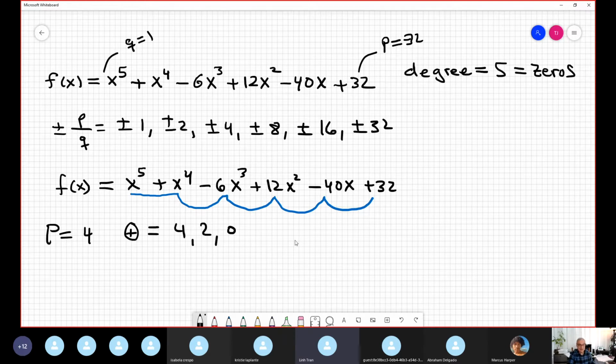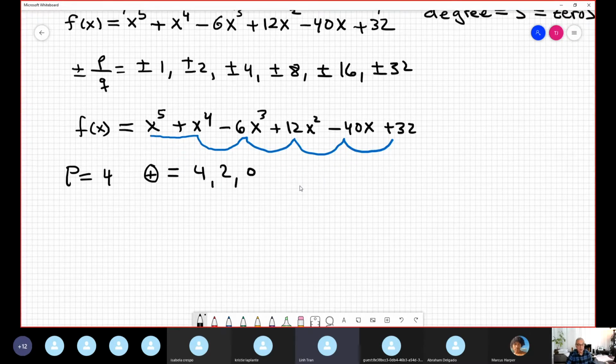Now the negative is similar. You are making a reflection of the polynomial. Remember, it's easy, the reflection, because you change the sign only on the odd exponents, and the even exponents stay the same. This changes. This stays.